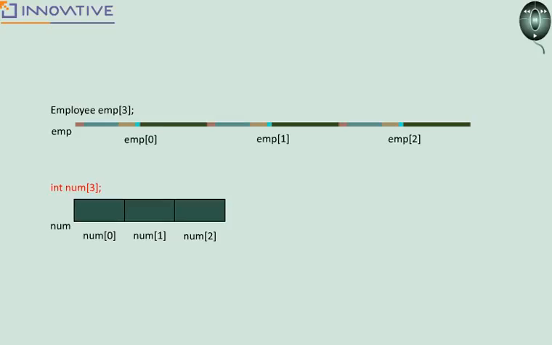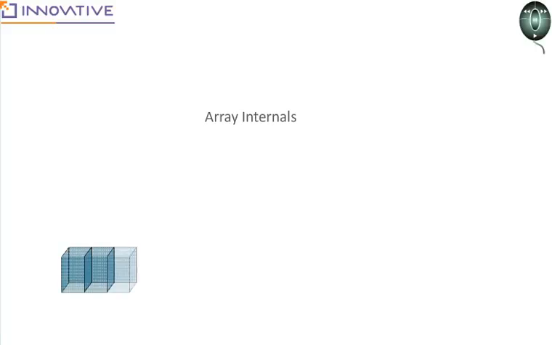Obviously, all rules of arrays definitely would apply to an array of structure. And so, as array elements are designated by index starting from 0, elements of an array of structure are also marked in a similar fashion. That is, indexing would start from 0. This array of structure would have a base address, and the name of the structure would contain the base address of an array of structures.